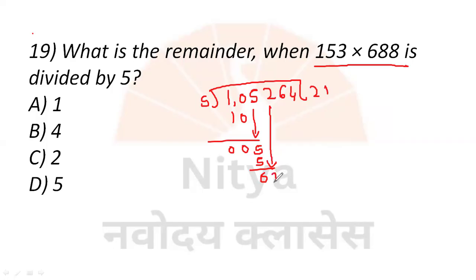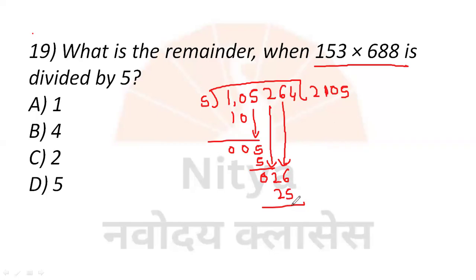2 is smaller than 5, so put the 0 here and take 6 down. So 5 5s are 25.